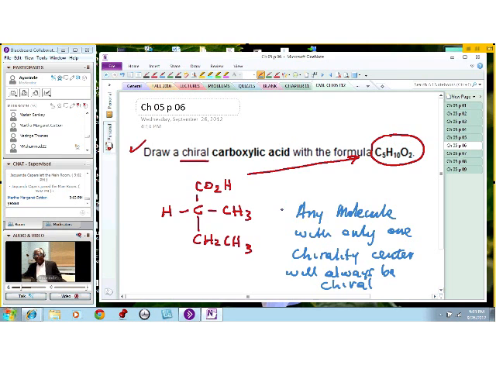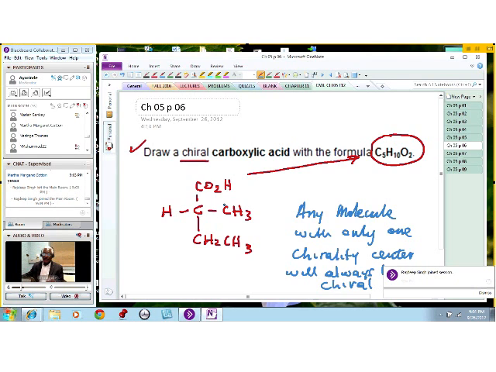So if you draw the mirror image here, you will find that the mirror image of this molecule will not superimpose on itself. Folks, you could actually draw as many different structures as you want, as long as they meet the requirement of the molecule being chiral, and the molecule must be a carboxylic acid, and it also have this formula here. So at this point, we have come to the end of our session.